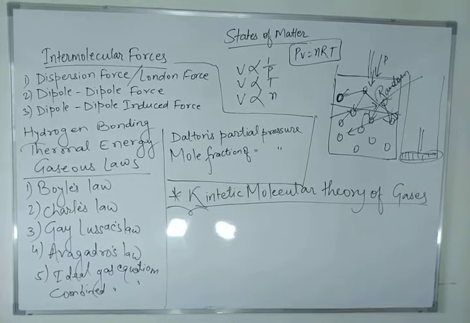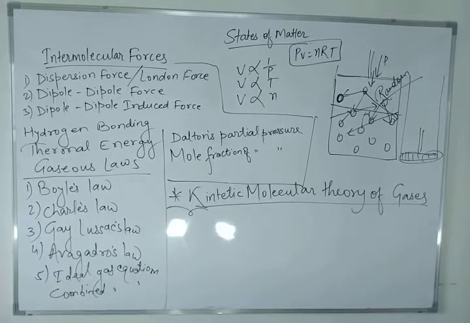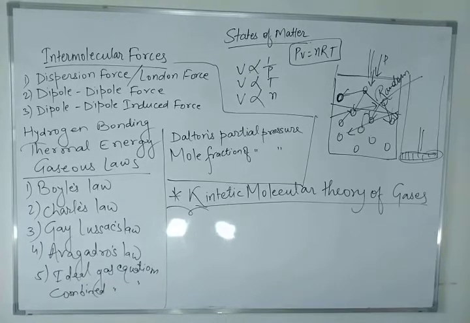It is seen that on heating a gas at constant volume, the pressure increases. On heating the gas, the kinetic energy of the particles increases and they strike the walls of the container more frequently, thus exerting more pressure.